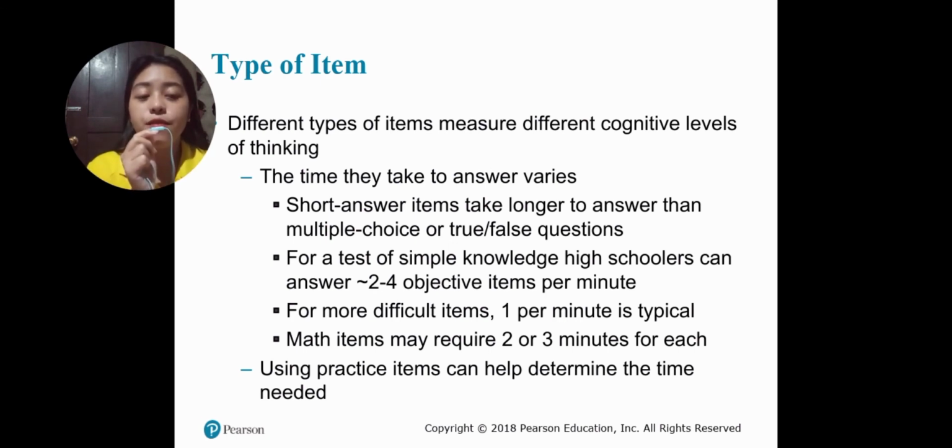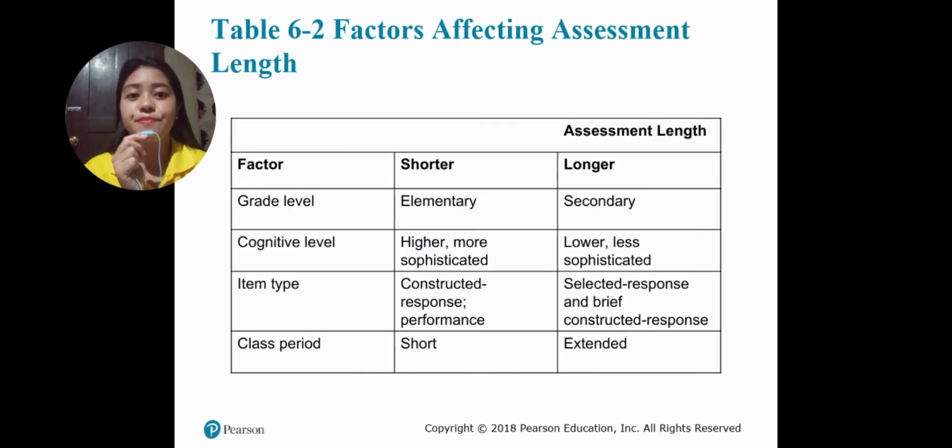For more difficult items, 1 per minute is typical. Math items may require 2 or 3 minutes each since math is hard and you need to consider solutions. Using practice items can help determine the time needed.